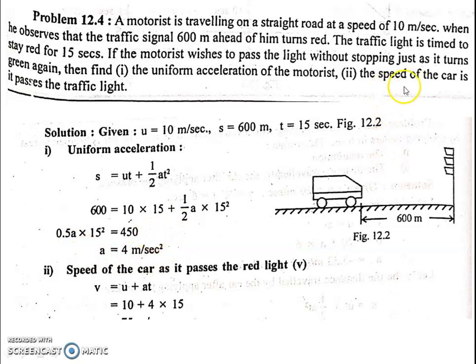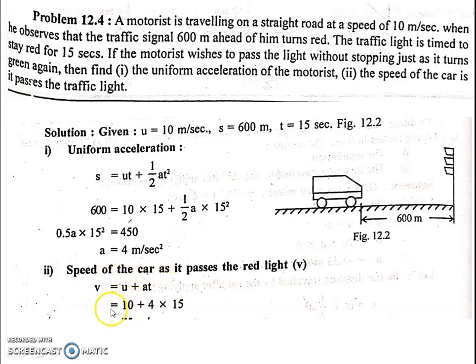Now we will see the second case. In the second case, V we have to find. So we have the simple equation V is equal to U plus AT. In this equation, I will use the acceleration that I found, and U is initial velocity, T is also given, all are known on the right hand side.